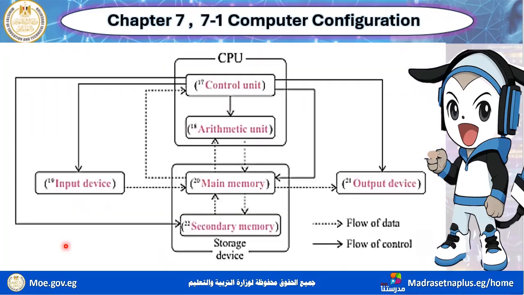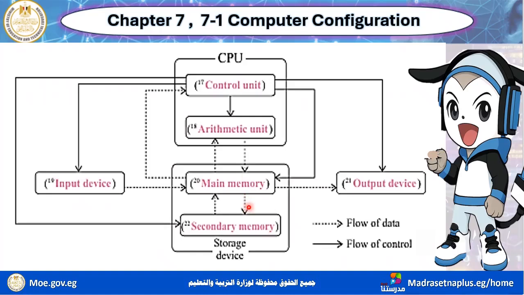Now we have here the CPU or the control unit. As you can see, the control unit has this second part, which is the arithmetic unit. It gives orders to the arithmetic unit, and they both are the brain of the computer. Whatever orders come from the CPU are stored through the main memory and the secondary memory.